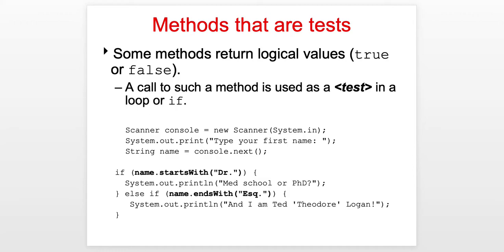Otherwise, else if name dot ends with Esquire, and as you can probably guess, this checks if the string name ends with ESQ dot, then it basically makes some remark relating to lawyers, right? So based on certain characteristics of the string, you can run if statements or even loops.